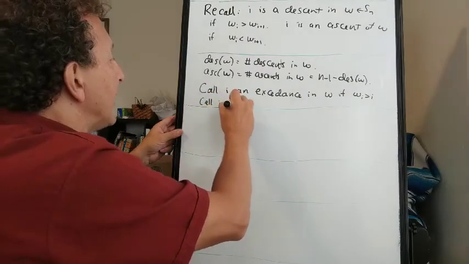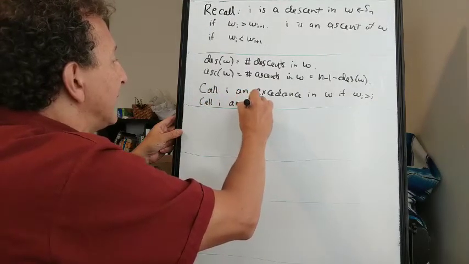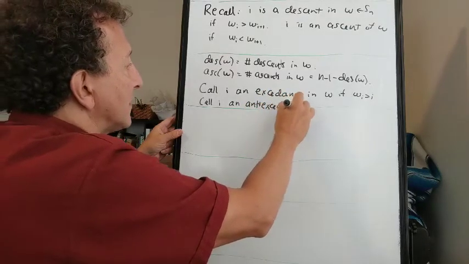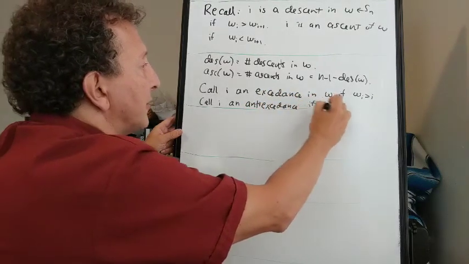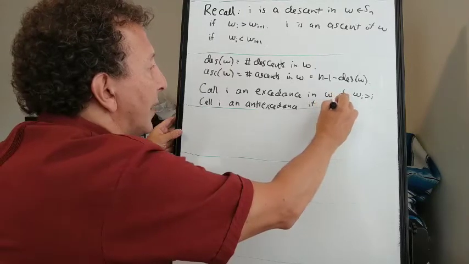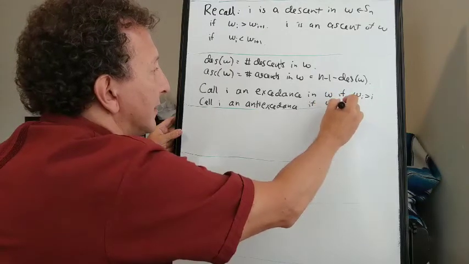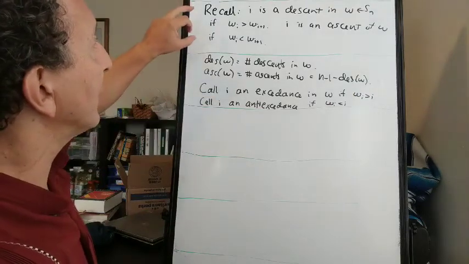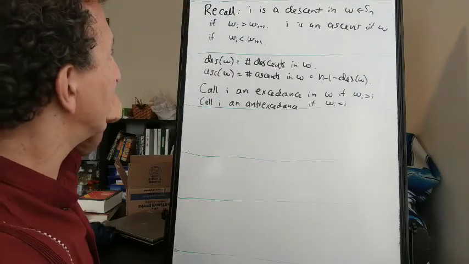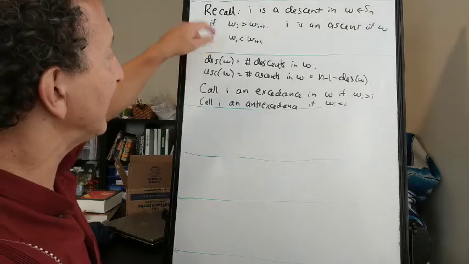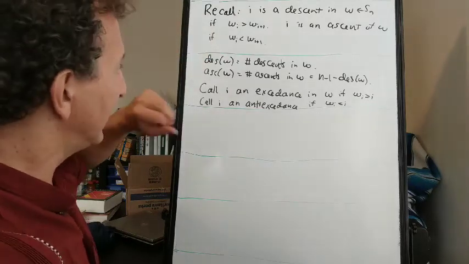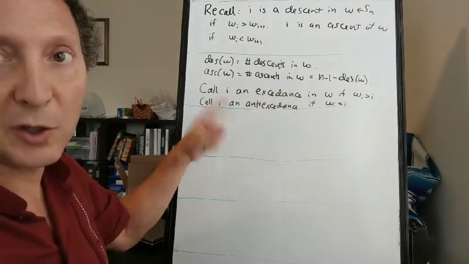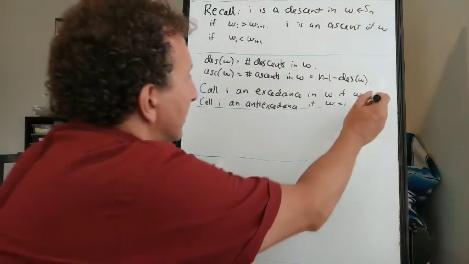And we can call i an anti-exceedance if w_i is less than i. Now these are not exactly complementary the way ascents and descents are, because at every position we certainly have an ascent or we certainly have a descent. Here, if w_i equals i, we have neither an exceedance nor an anti-exceedance.